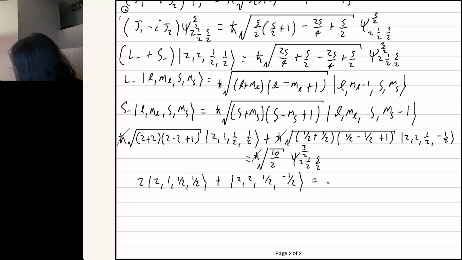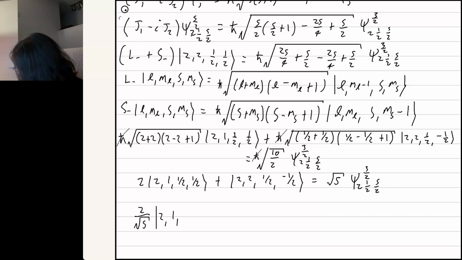On the other side, it's root 5 of this state. Then if we move the root 5 to the other side, we have the final form of the basis vectors for this state.